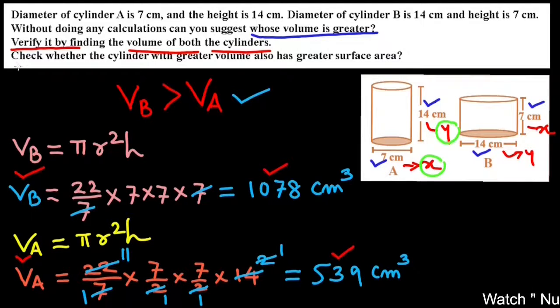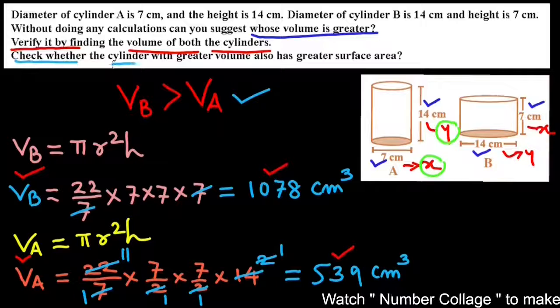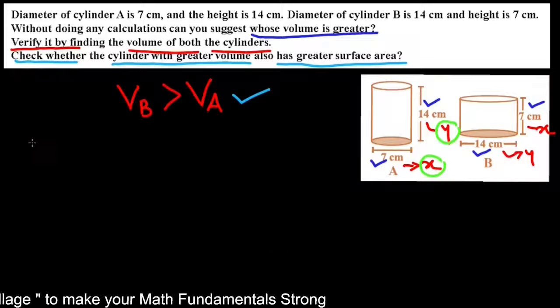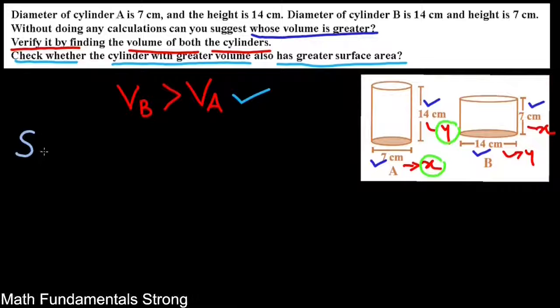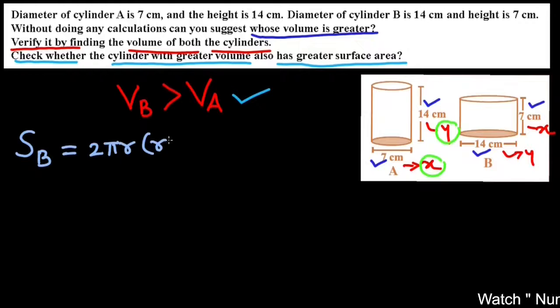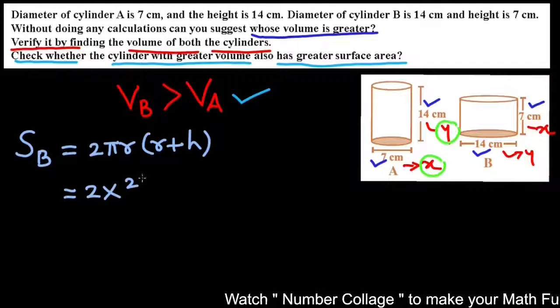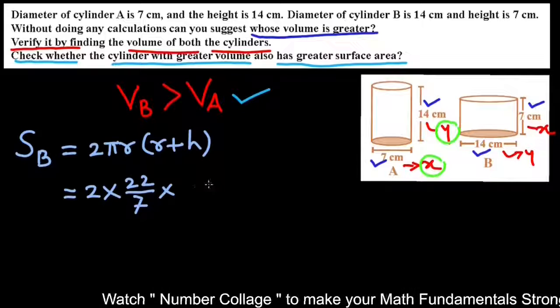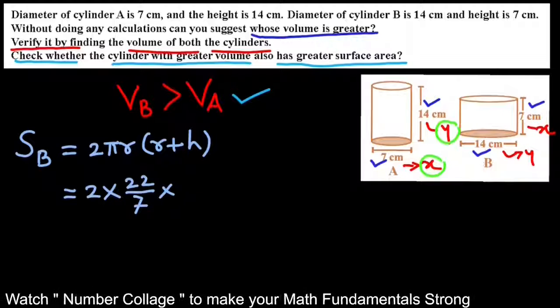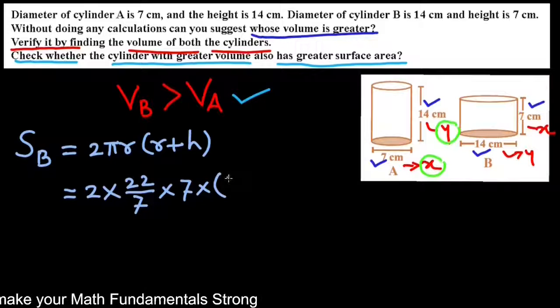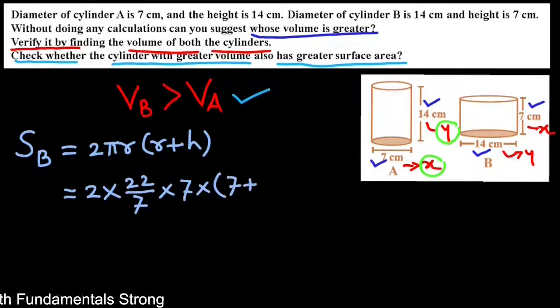In the third question, we have to check whether the cylinder with greater volume also has greater surface area. Surface area of cylinder B, SB, will be 2 pi r into r plus h, that will be 2 into 22 upon 7 multiplied by r, which is 14 upon 2, that will be 7, multiplied by r, which is 7 again, plus height, which is also 7.